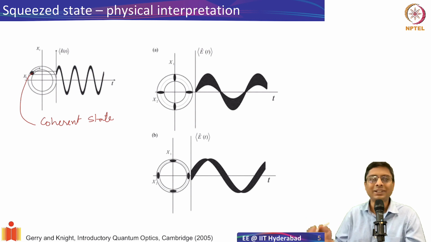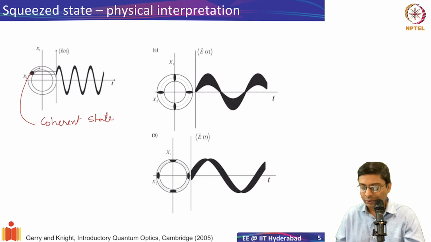Let's assume that it's minimum. Now, this is on the x1 and x2 plot. We know that the x1 quadrature is effectively equal to the electric field. So now I'll take a projection on the x1 axis. So I simply rotate it, with x1 on the vertical axis rather than x2. If you take a projection of this state on x1, this is the region of uncertainty for my electric field, delta E.